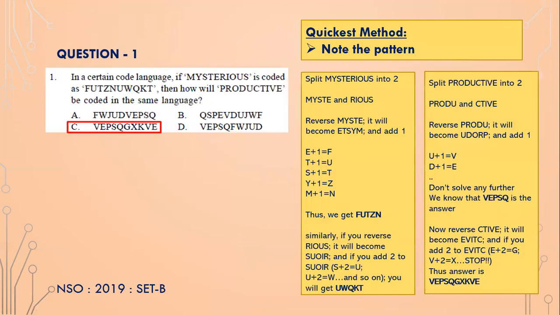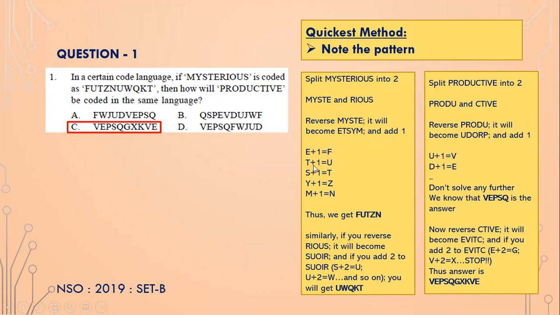First one, in a certain code language, if mysterious is coded as FUTZNUWQKT, then how will productive be coded in the same language? So again, note the pattern. Split mysterious into two, MYSTE and RIOUS. Reverse MYSTE, it will become ETSYM, and then add one.